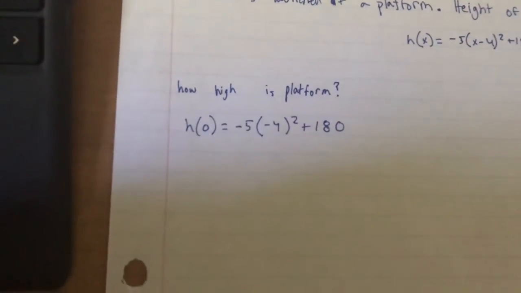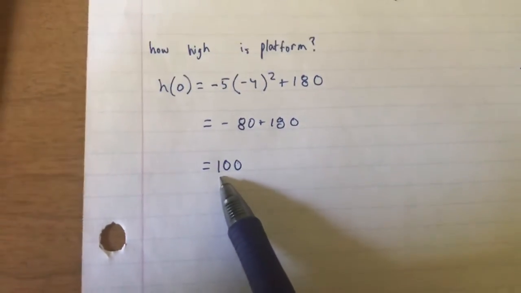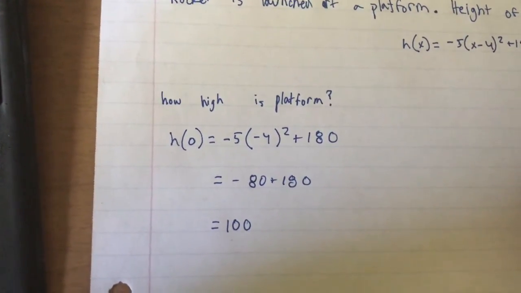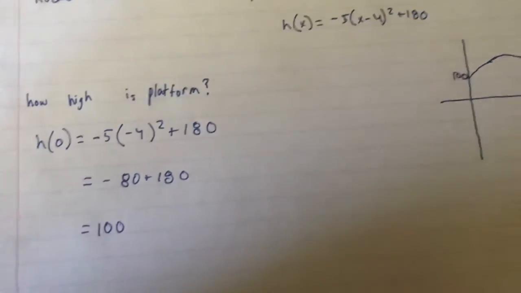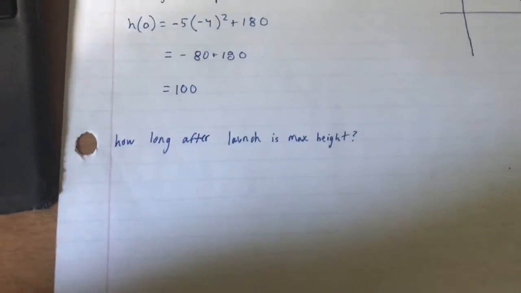Now we solve this to find the height of the platform. We find out the platform is 100 meters high. So we can put that on our graph, on our parabola, as 100, which is where the rocket is starting its launch. The next question we want to answer is how long after the launch is max height?